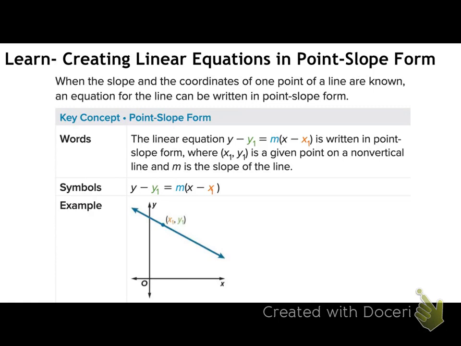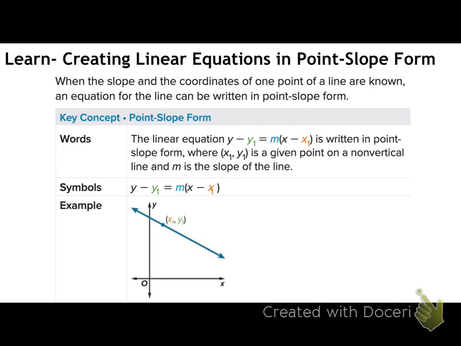So, like I said, you need to have this written down. You need to have point slope form memorized. That way you can know the difference between it and slope-intercept form.